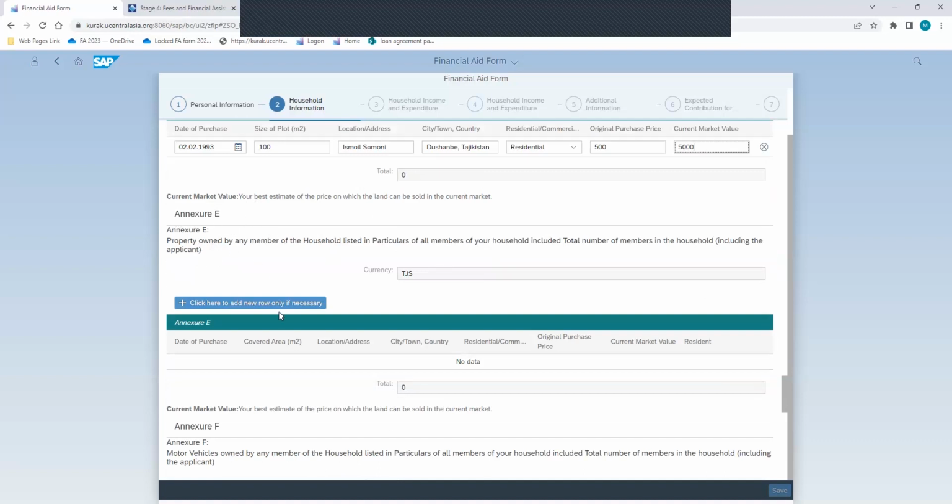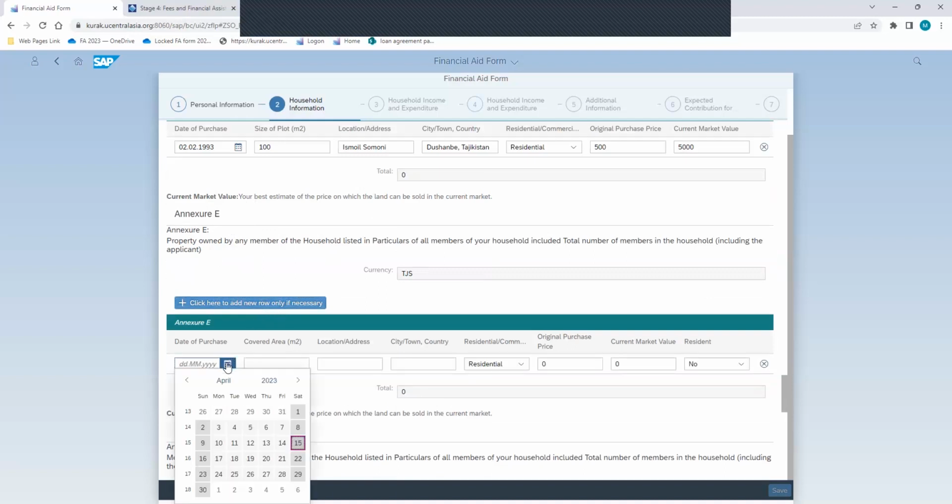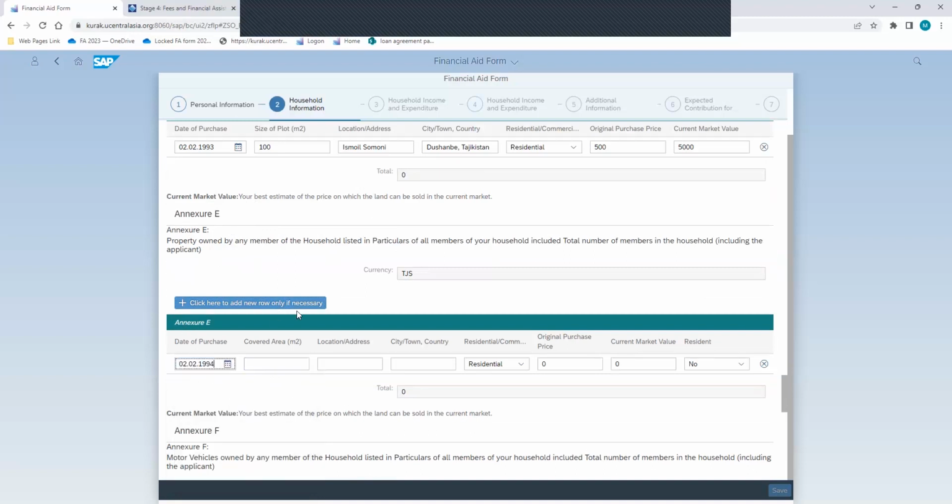It's the property. I'm adding one line because I have a property, which is my house. As I mentioned, it was purchased in the 90s, maybe February 2nd. Here I'm writing down covered area, square meters.